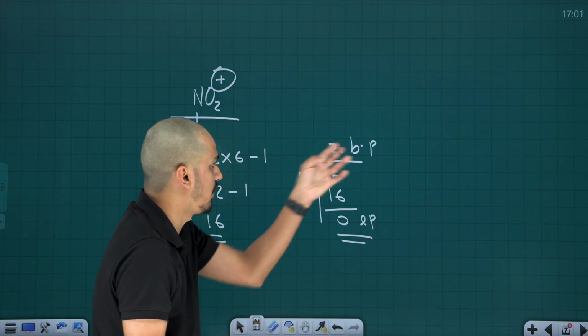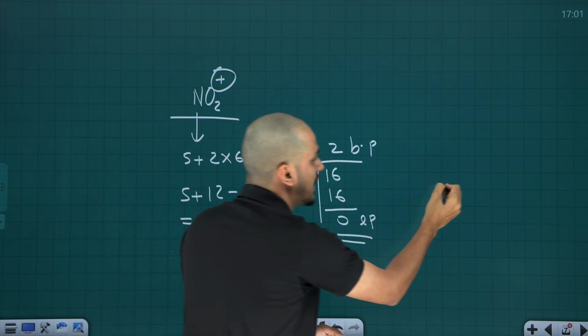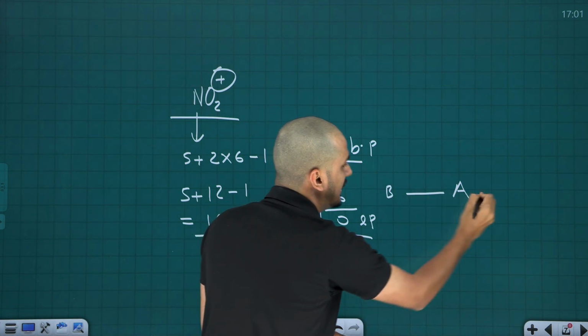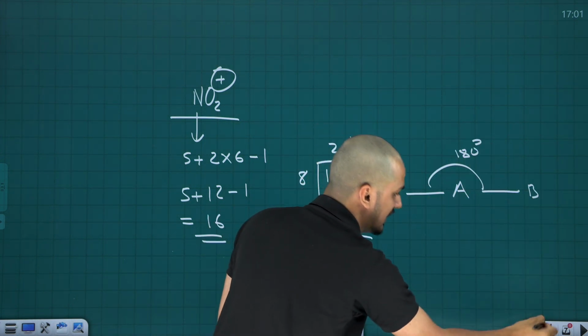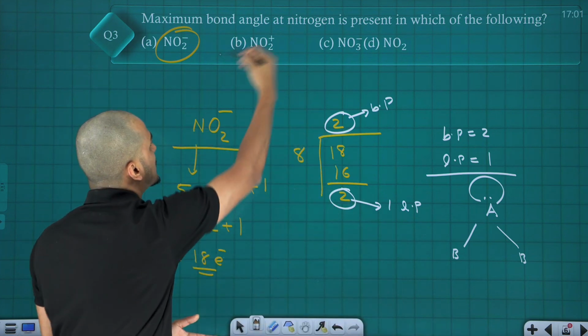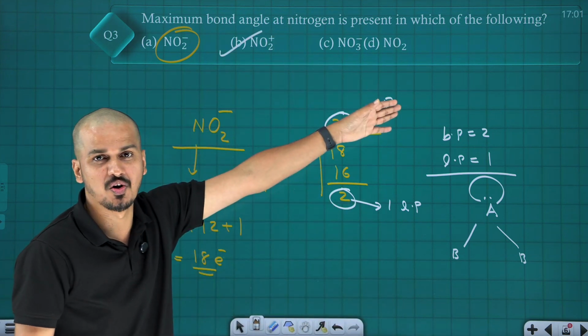Its shape will be linear, AB2 type. So bond angle is 180 degrees. So our answer is option B.